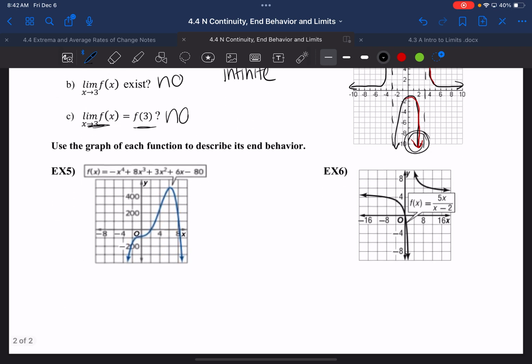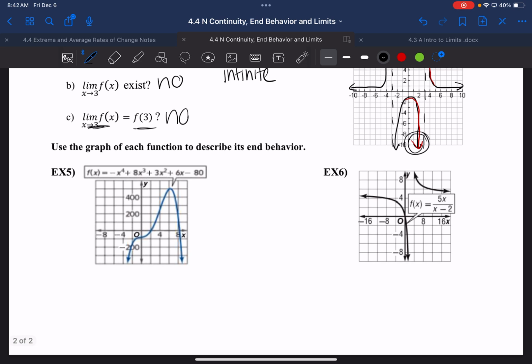Okay. All right, then for these last 2, this is another thing that we needed to know our limits for. They want us to describe the end behavior that we see in this picture. The end behavior is just the 2 ends of your graph. So in this particular picture, my end behavior would be this point and this point, okay? All right, so remember, the way we write a limit is the limit of our function as x approaches this end of my graph right here.